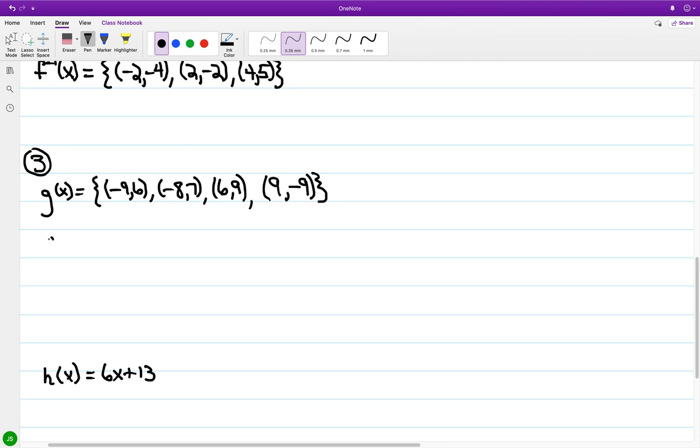If I were to express the inverse, what was y will become x and vice versa. So in the rewrite, we're going to have the ordered pairs in the inverse at 6, negative 9; 7, negative 8; 9, 6; and negative 9, 9.